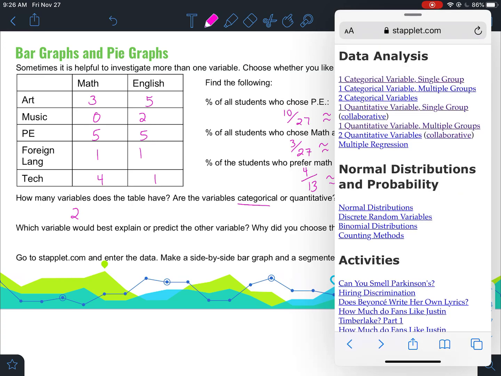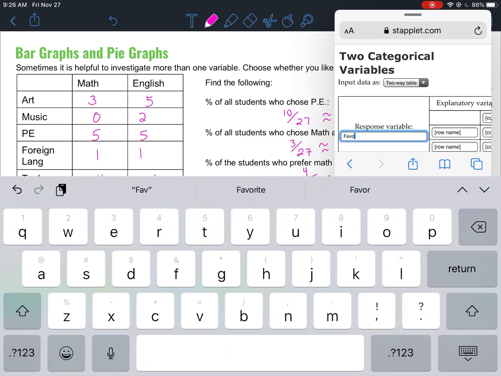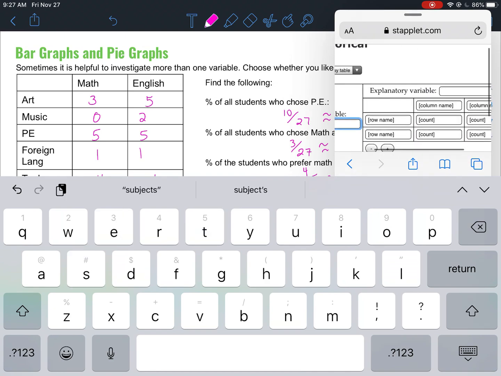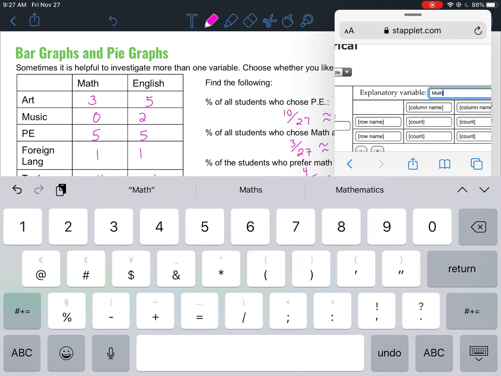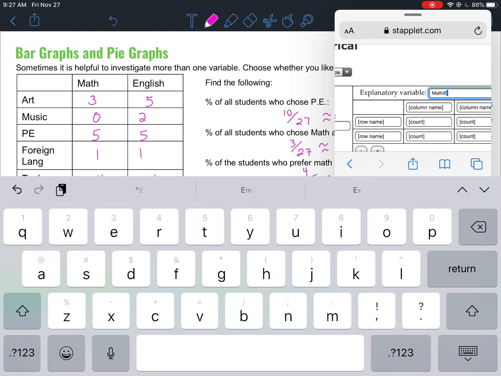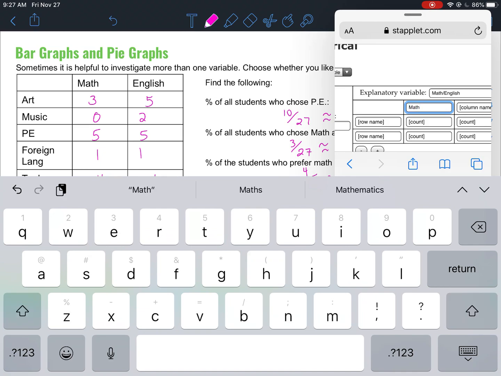And then we are going to do 2 categorical variables. And we'll just do favorite subjects. Math or English.